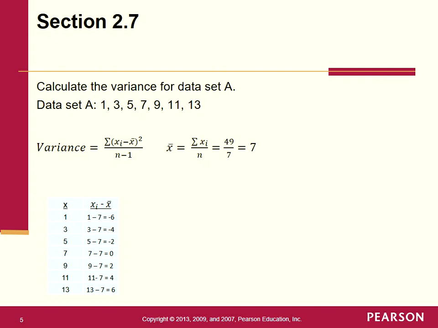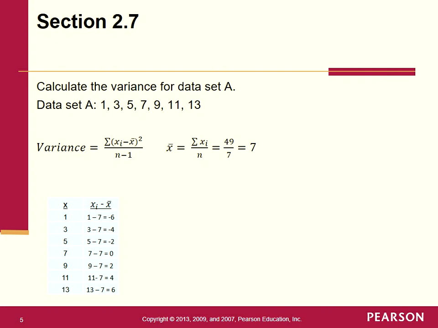And let's see, so we got 1 minus our 7, so 1 minus our x bar, we get a negative 6. Then we got 3 minus 7, we got a negative 4. We got a 5 minus 7, negative 2. 7 minus 7, 0. And so on and so forth. So you do this for each one of the x's. Now here is a good place to kind of stop and make sure that you're doing everything correctly.